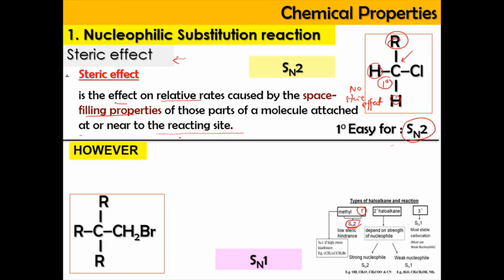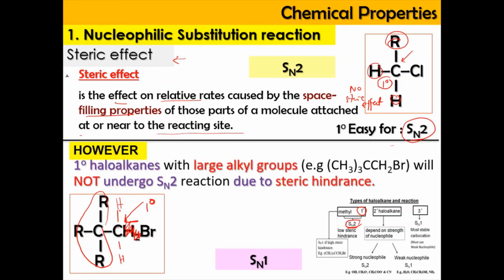However, as you look into this case, we have CRRR–CH2Br. If I expand the structure, I'm going to get CH, CH, and CBr here. So the carbon here is our primary haloalkane, because the carbon is attached to one alkyl group.